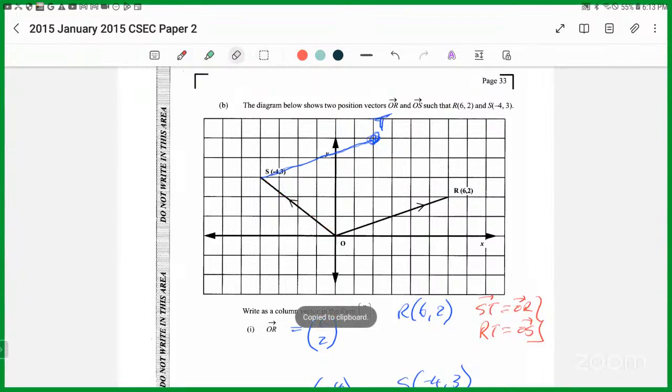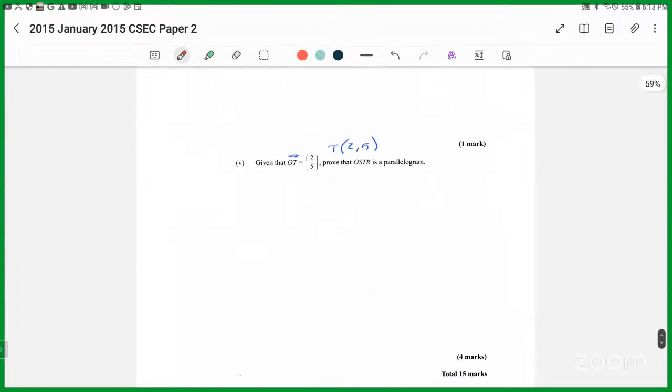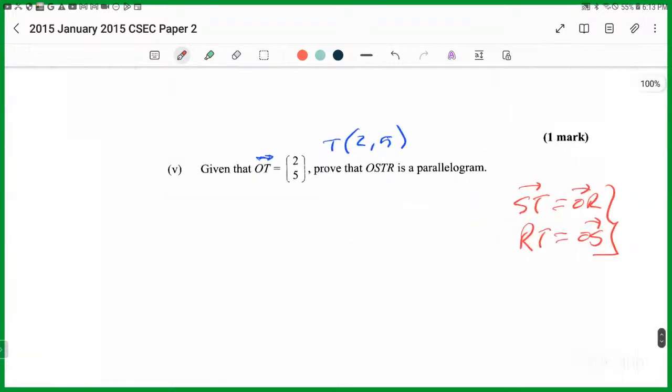All right, let's go on with that. What is a parallelogram? I'm gonna say show this.